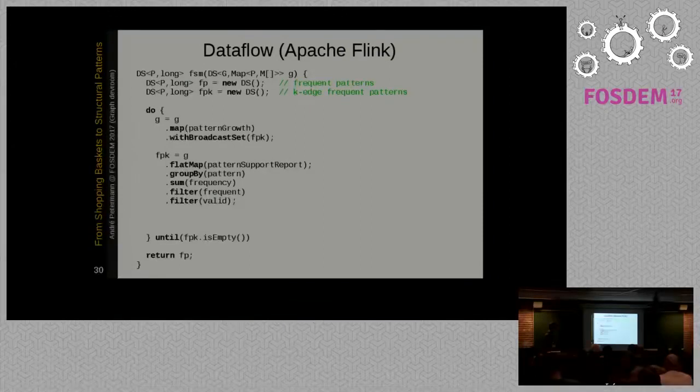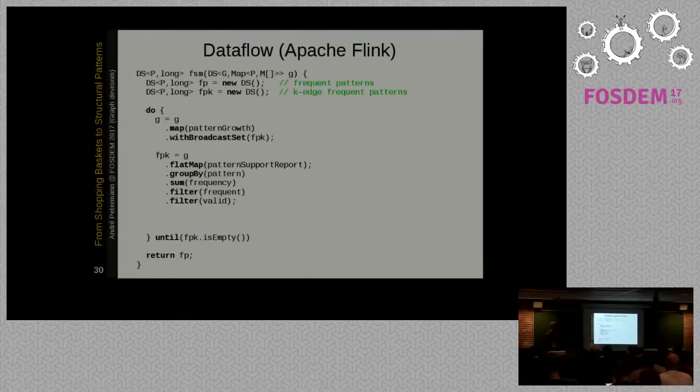We found out in our evaluations that it's far more efficient to group and filter invalid patterns instead of validating them in the earlier step. Because in that step we have to validate for each graph and each pattern, and here we only have to validate for each pattern in the whole system. Imagine we have an input size of like 10 million graphs.